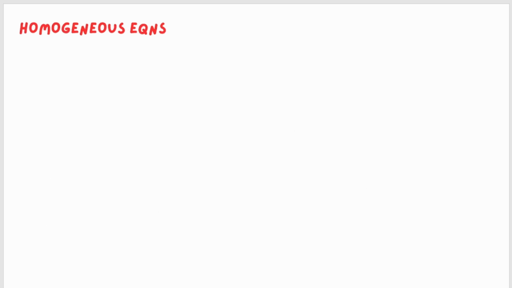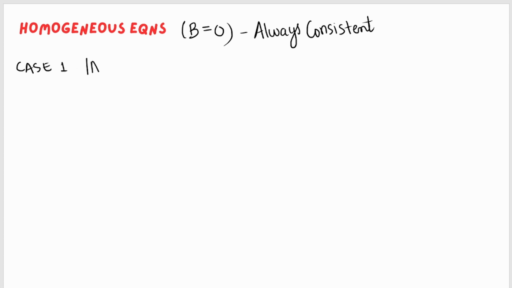Now considering homogeneous equation. Homogeneous equation means the matrix B will be equal to 0 and it will be always consistent. We have two cases. Case 1, when determinant A is not equal to 0. That means it gives unique solution which will be consistent.